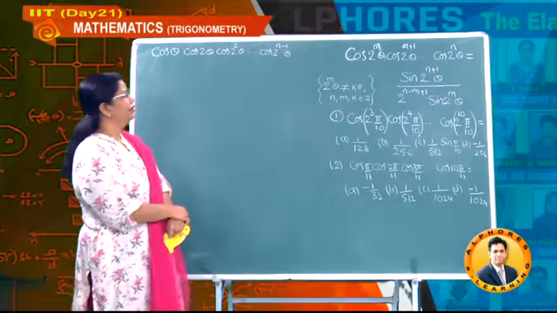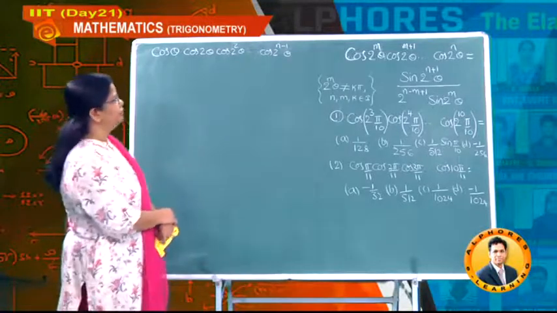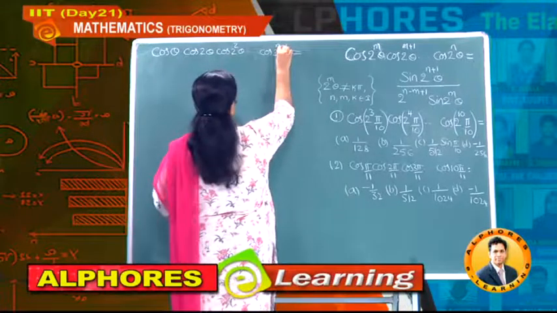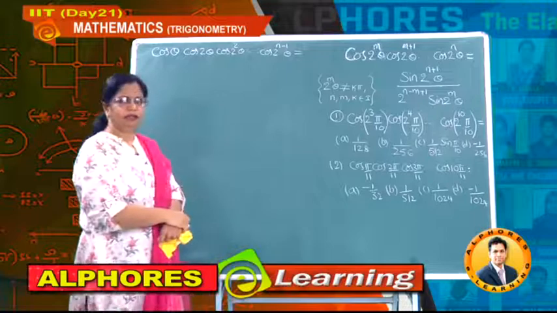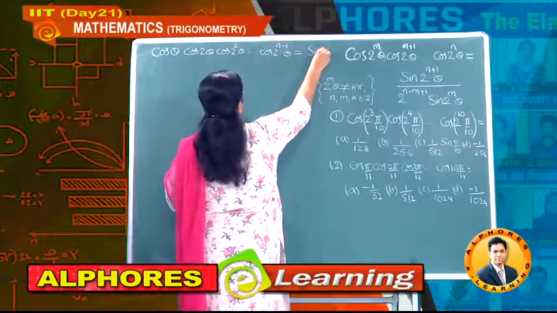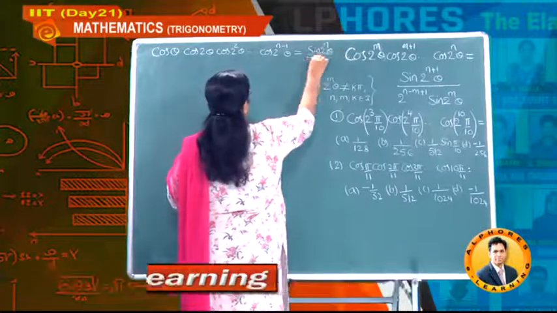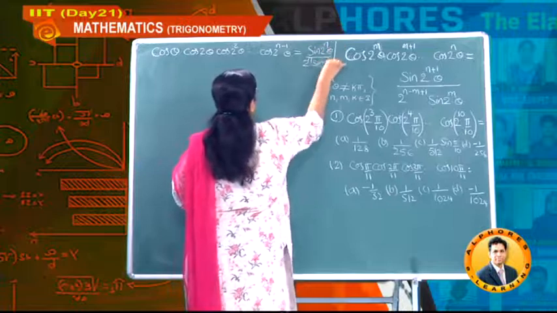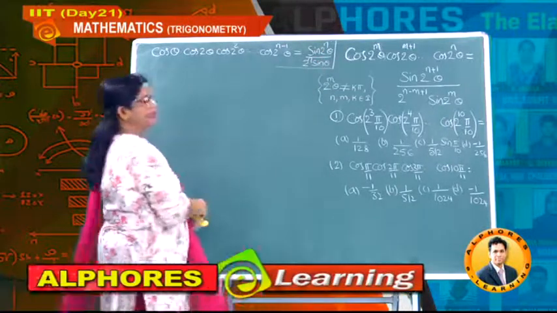In these n terms' product, what is the answer? Wherever you end, that is 2 power n minus 1, the continuation is with the sine function: sine 2 power n theta divided by 2 power n sine theta. This concept we have discussed earlier.